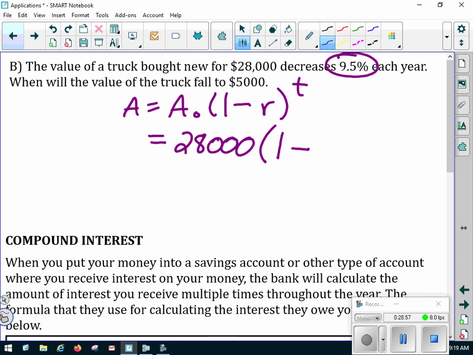How far do I move the decimal? 2 places. So where's that decimal going to go? 0.095 to the T. When will the value of the truck fall to $5,000? You're going to put that in just like we've been putting them in.